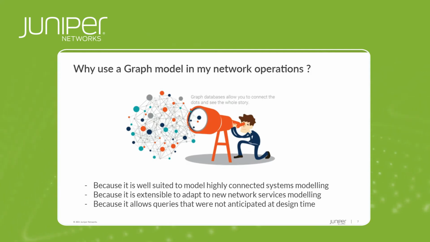A data center leaf-spine network is a highly connected domain, densely meshed between leaves and spines, or spines and super spines. It's also quite complex from a services perspective, especially with EVPNs, where the various layers from underlay to overlay are quite complex. You need a way to capture this highly connected domain, and graph DBs are super well suited for that.